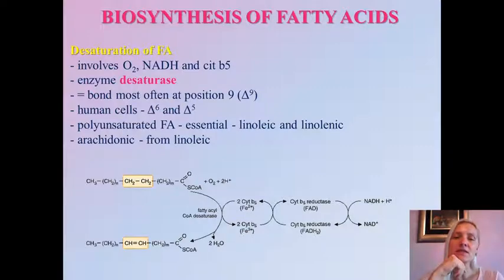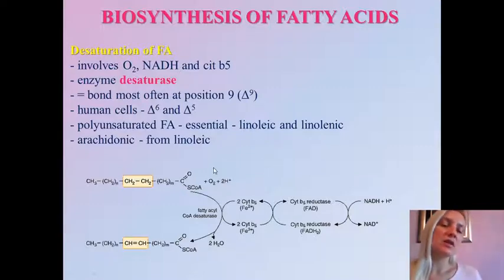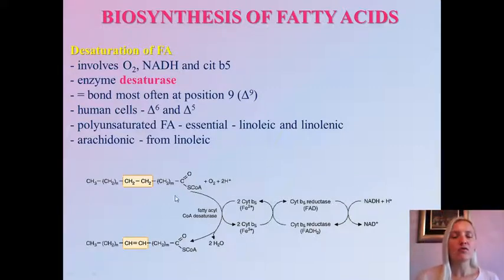So the process is described and illustrated here in the figure. For desaturation at position number 9, we need molecular oxygen, and the reaction is catalyzed by fatty acyl coenzyme A desaturase, and we have reducing equivalents, 2 protons, for this reaction.